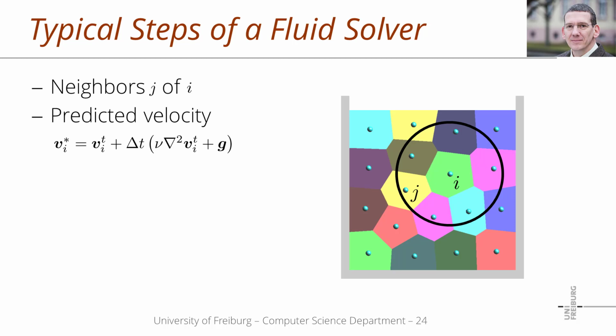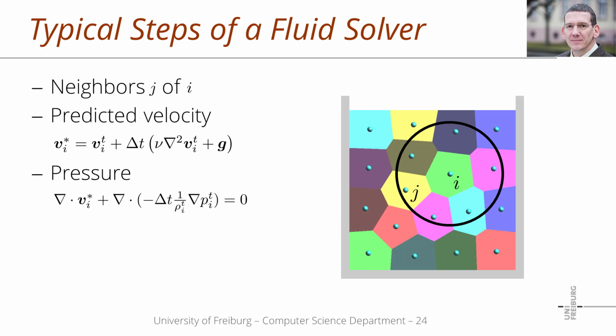We do not apply the pressure acceleration. The pressure acceleration is actually used to enforce the constraint that the velocity field should be divergence-free. So we remember, if the divergence of the velocity is 0, then the time rate of change of the density is 0, which corresponds to incompressibility. And incompressibility is an important property of realistic fluids.